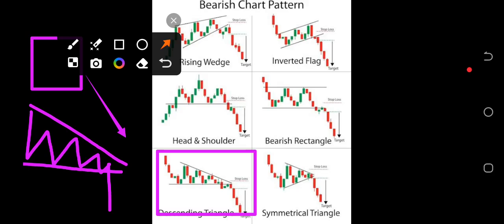The patterns may not appear perfectly like this, but these are just how they can be represented. You may not see a smooth descending triangle like this, or a smooth ascending triangle, or a bearish flag or a bullish flag. But you already know the basic concepts, so having known all of these things, you will now know how to incorporate them into your trading.